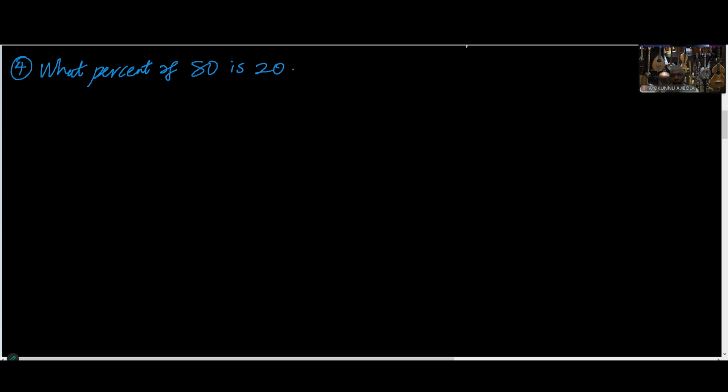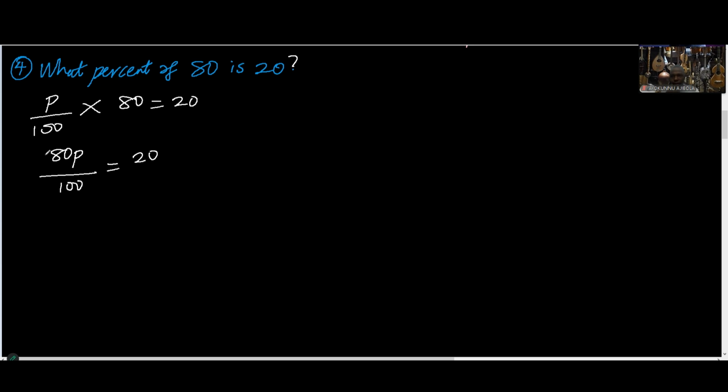If they ask a question like this, since you know that percent means over 100 and you don't know this, you're looking for something, you can represent it with any letter. P percent of 80 equal to 20. So P times 80 is 80p, then divided by 100, equal to 20.